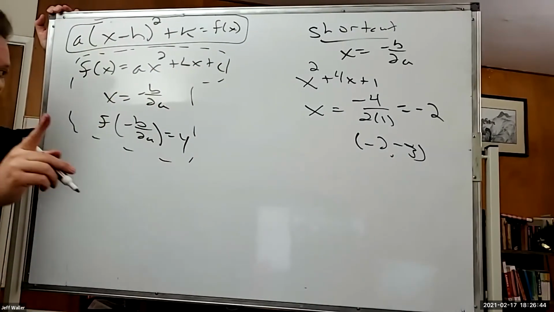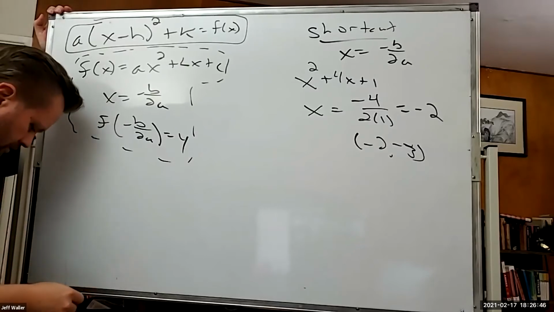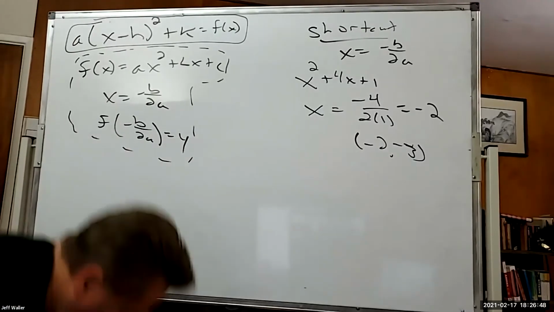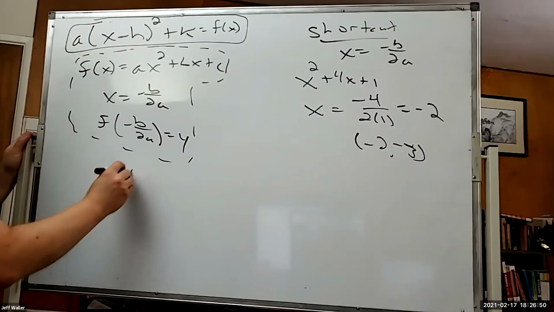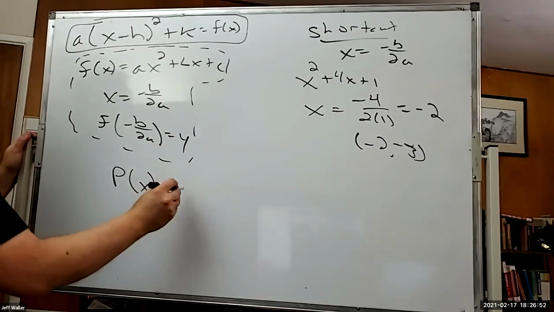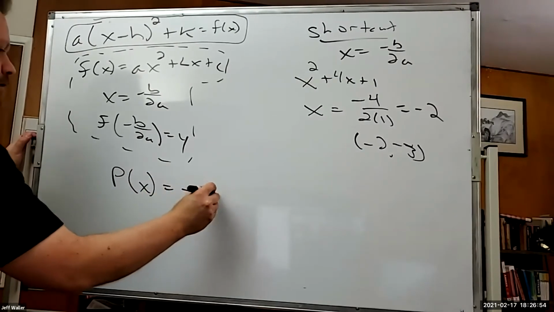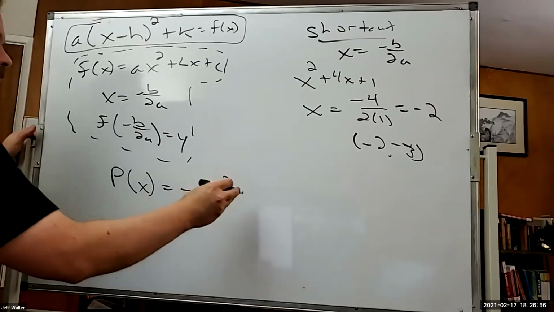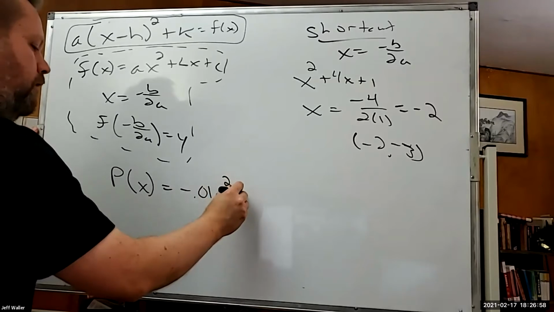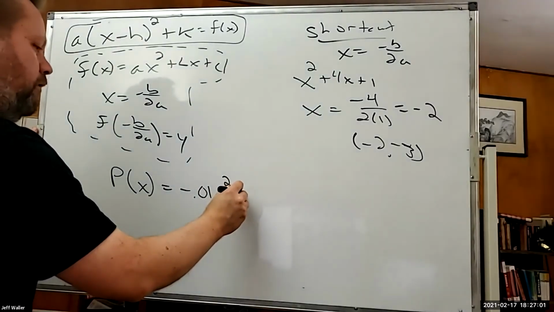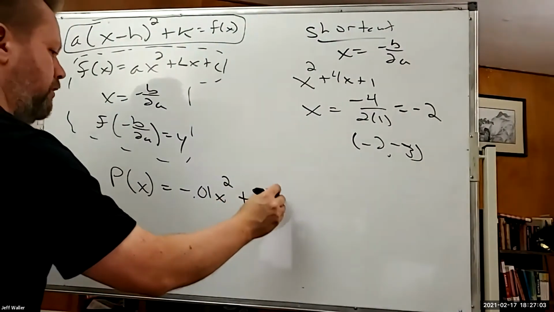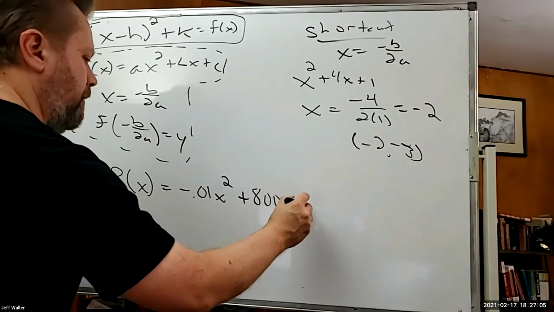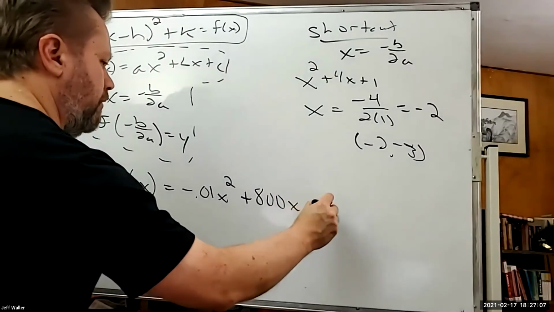I like it. So if I told you that the profit function for some company was -0.01 x squared, you can do it, Jeff, plus 800x minus 3,000.